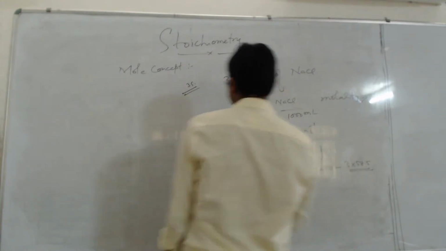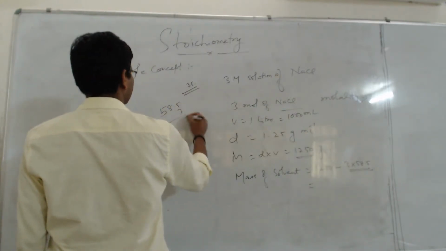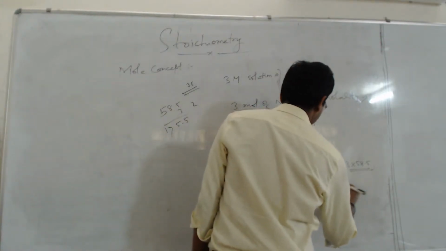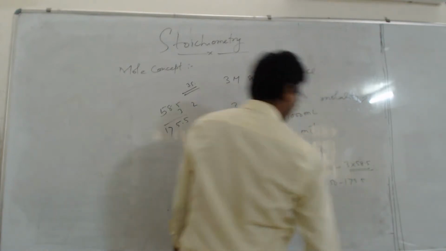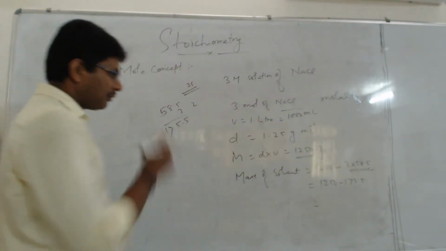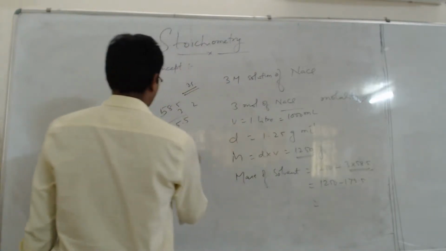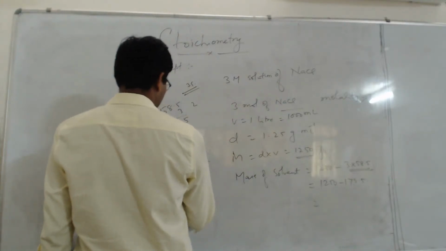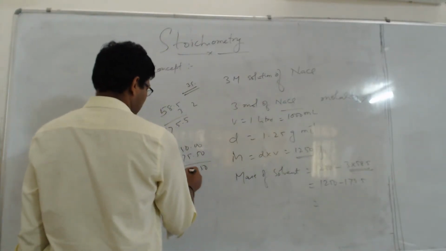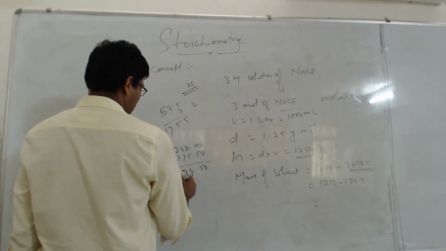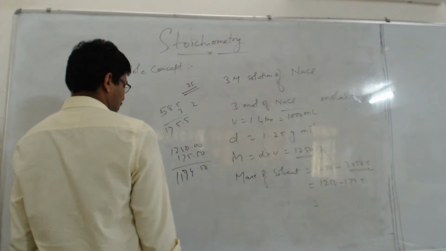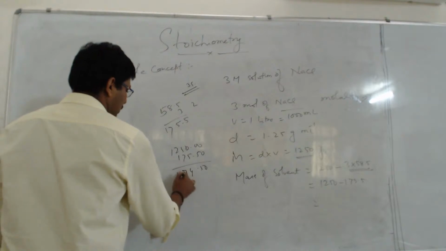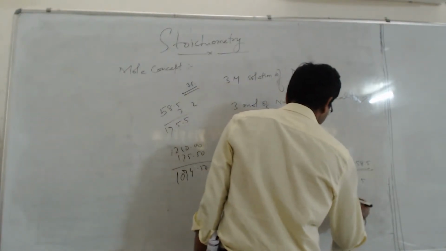So 1250 minus 175.5. So it is 1074.5 gram.